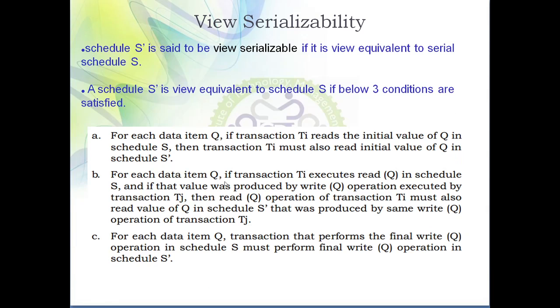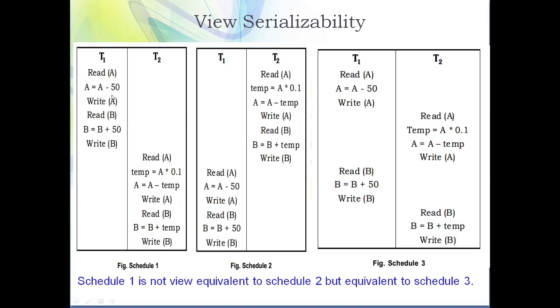For that purpose we just read the condition. For each data item Q, if transaction Ti reads the initial value of Q in schedule S, then transaction Ti must also read the initial value of Q in S dash. In schedule 1, transaction T1 is reading the initial value of A, but in schedule 2, is T1 reading the initial value of A?